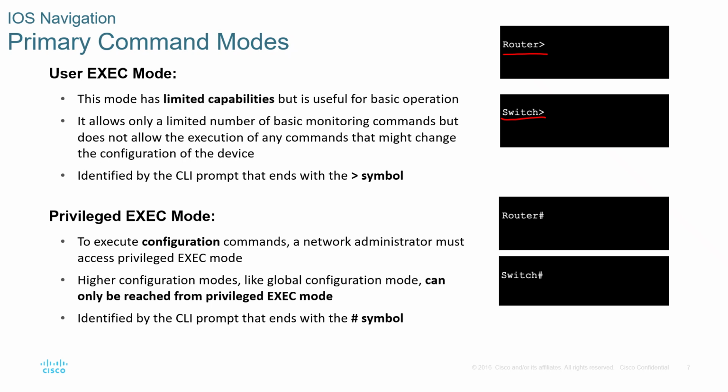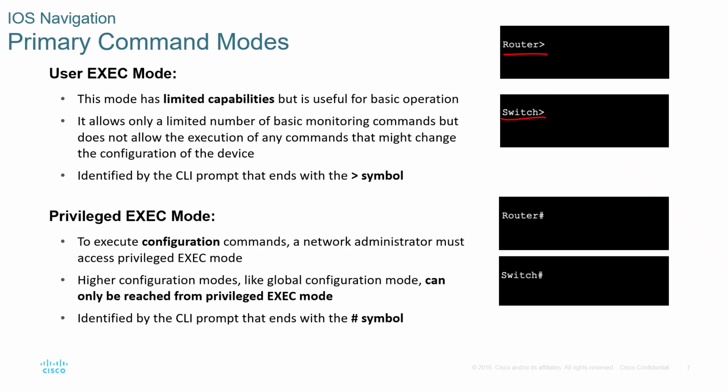So within user exec mode, I can identify the user and give them different privilege levels, where a privilege of 0 is going to be no capability to change anything, and the highest would be a privilege of 15, which would be the network admin who has the capability to change everything. So you have that varying space in between 0 and 15, where you can allow certain capabilities to different engineers or interns or admins.